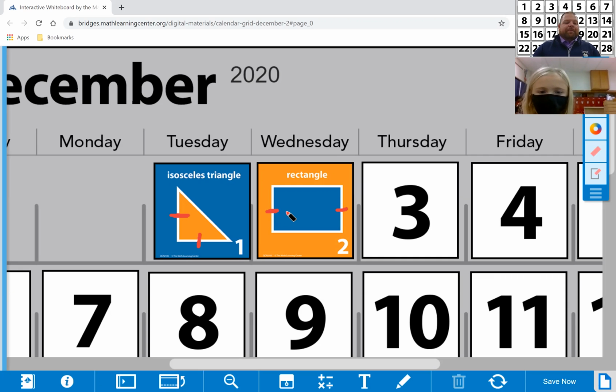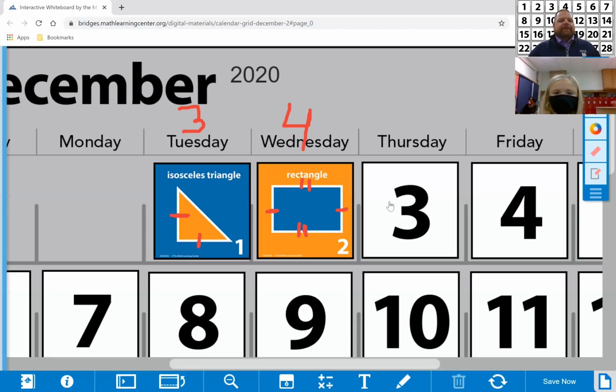The word congruent means the same. And then these 2 sides are longer than the other sides, but they're also congruent. Do you see how the top and bottom are the same and the left and right are the same? Yes. We call these polygons, and they're polygons because they're closed in. So this is a triangle, which is a 3-sided polygon, and this is a quadrilateral, which is a 4-sided polygon.